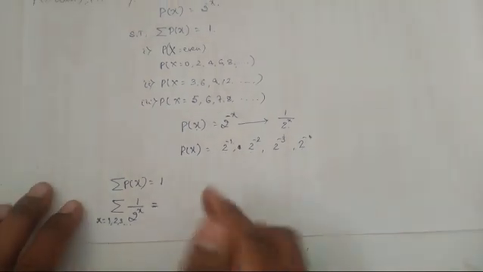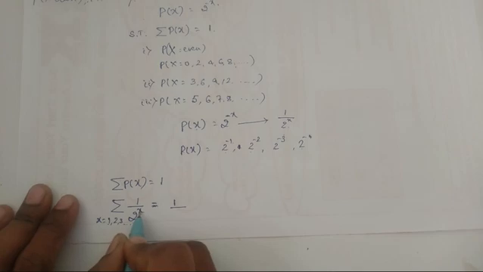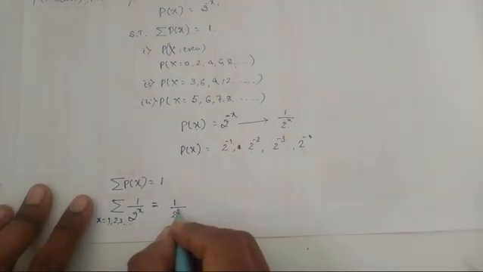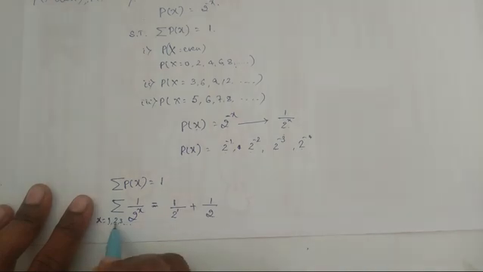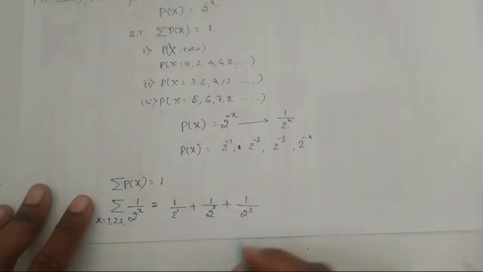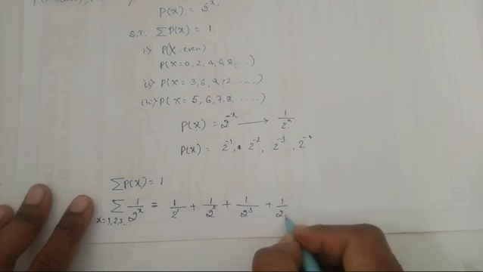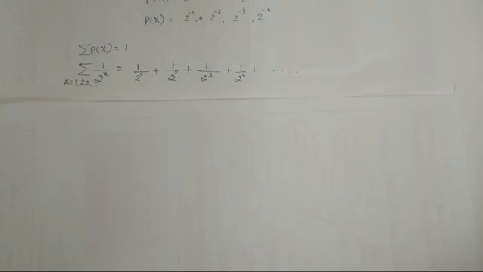Let me write it as: when x is equal to 1, it is 1 by 2 power 1, plus 1 by 2 power 2 when x is equal to 2, plus 1 by 2 power 3 when x is equal to 3, plus 1 by 2 power 4, and so on.